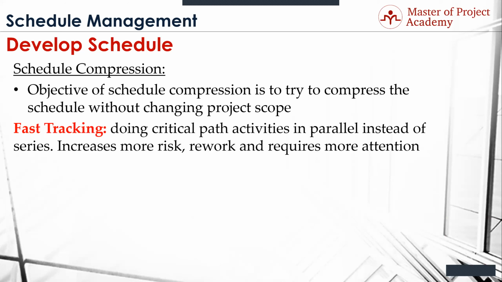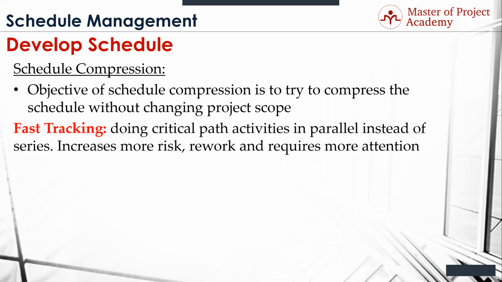If they're far enough apart, you could probably get away with it. But if you're doing two things that are sharing resources and have the same kind of results, it just becomes a catastrophe. So you got to be very careful. When you do fast tracking, you increase risk. Remember I told you, you want to set your project up in serial. You want to do A, then B, then C, and don't start one until the other one's finished.